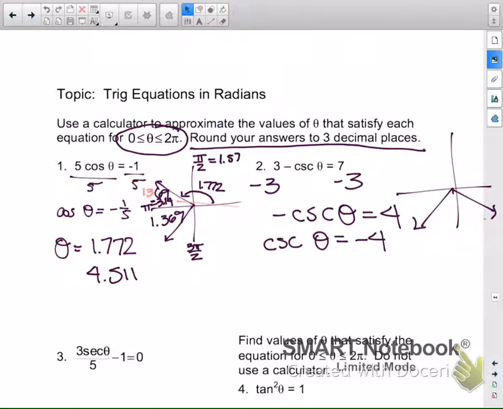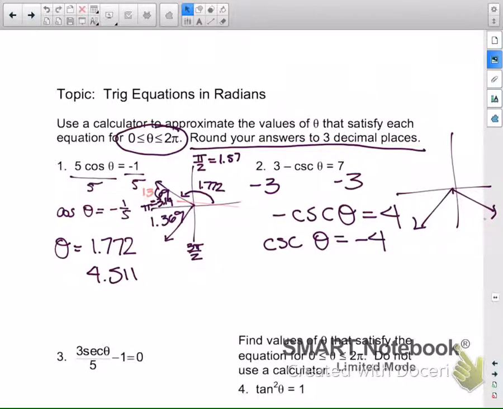You get a negative answer for this one. Can we have negative answers? No, because it says between 0 and 2 pi. Where is that negative answer? It's the one in quadrant 4. Anytime you get a negative answer, it's always going to be in quadrant 4. That's just how your calculator works. So that's kind of like a reference point for you to keep in mind.